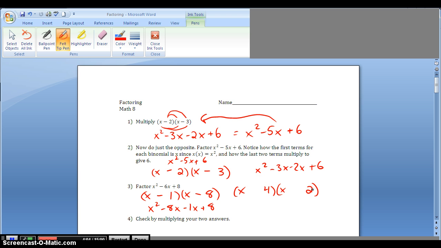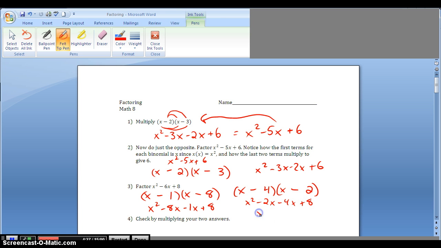Again, I'm going to make them both minus, because a minus times a minus is a positive, and since the middle term is negative, they're going to have to be negative as well. So now let's see if this works. X times x is x squared. Minus x times minus 2 is minus 2x. Minus 4 times x is minus 4x. And minus 4 times minus 2 is plus 8.